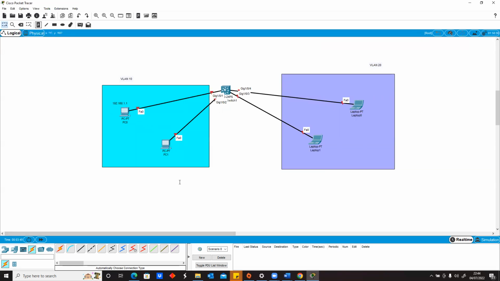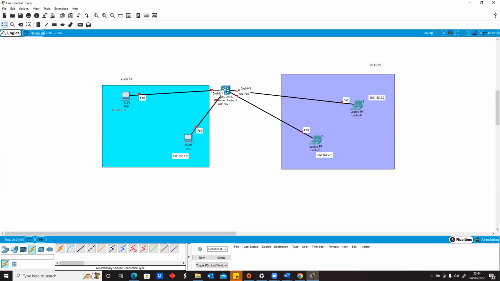And the next PC will be 192.168.1.2. And this one will be 192.168.2.1. And this 192.168.2.2. So basically we have a few machines which are supposed to be configured in respective VLANs, and they are all in different interfaces. And so we'll put them in different address space as well.